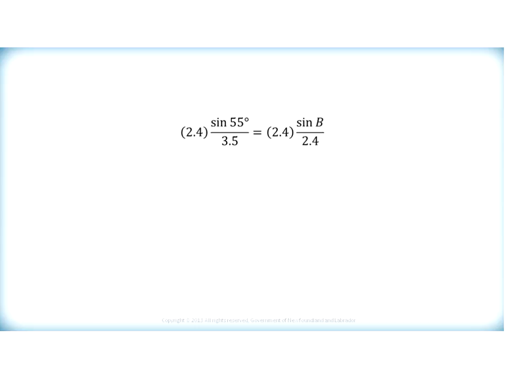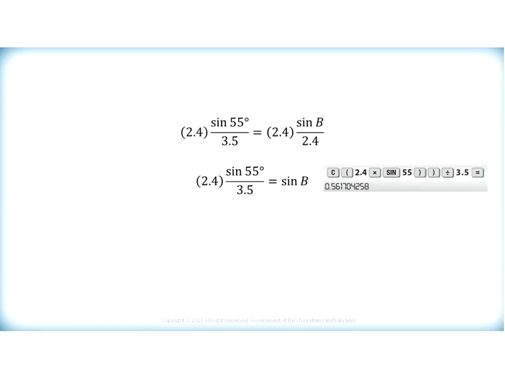I'm multiplying both sides of my equation by 2.4, because in order to get rid of something when you're doing an algebraic problem, you always perform the opposite operation. Initially, we were dividing by 2.4, so now we multiply both sides by 2.4 and that gets rid of it. So now we have sine B is equal to 2.4 times sine 55 degrees divided by 3.5.